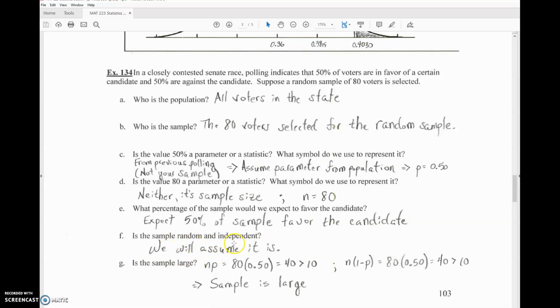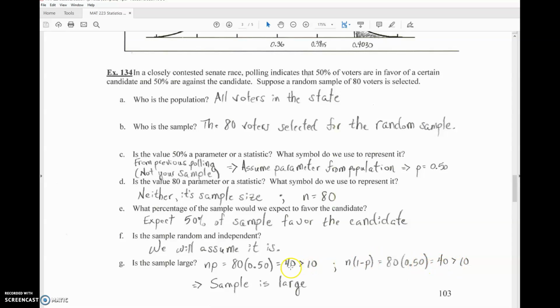Is the sample random and independent? We were told it's random, and we're going to go ahead and assume it's also independent. Is the sample large? We have to compute the expected number of yeses, which would be n times p, that support the candidate. That's what's called a yes in this example, so that's 40. And n times 1 minus p, well, 1 minus p is also 0.5 if p is 0.5, so that's also 40.